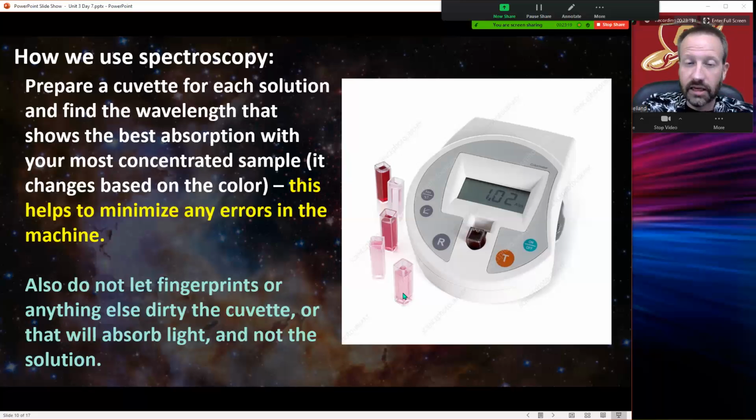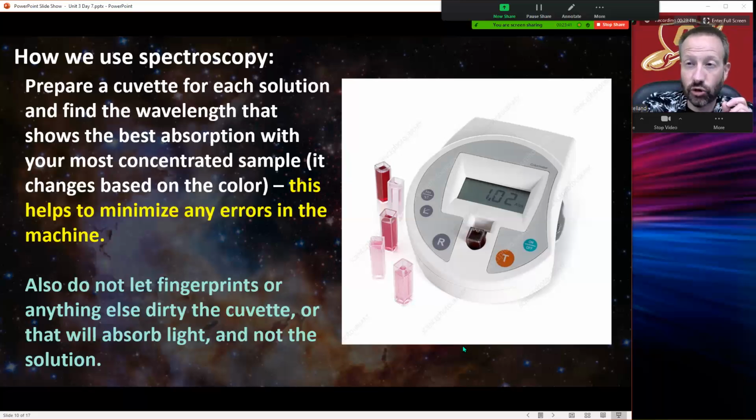These square cuvettes, I love them. Two sides have ridges for you to grip onto, and two sides are totally smooth for the light to go through. As long as you grip the ridge side, you will never leave fingerprints on the side where the light's going to go through. That's how we get around that. But it's still not a bad idea to wipe them.